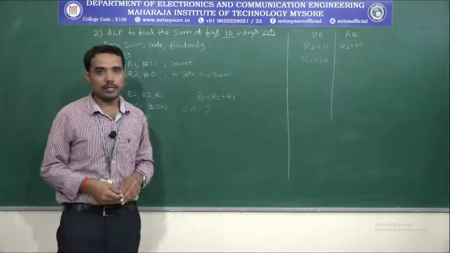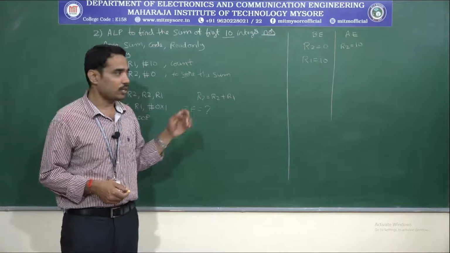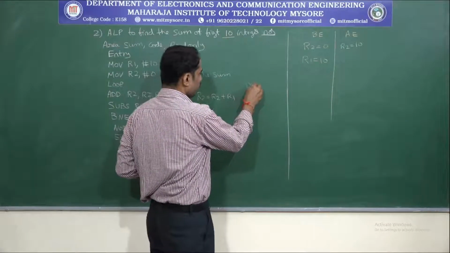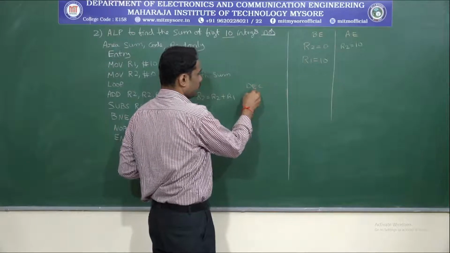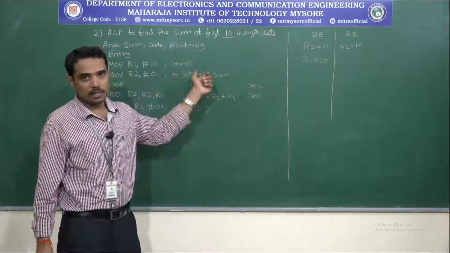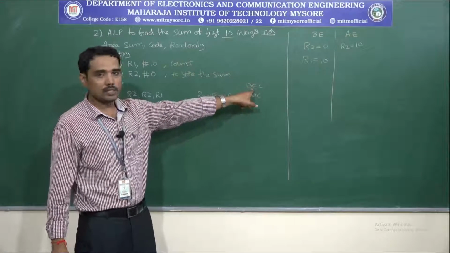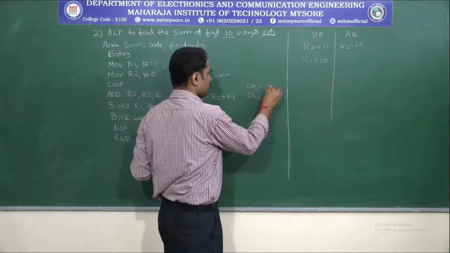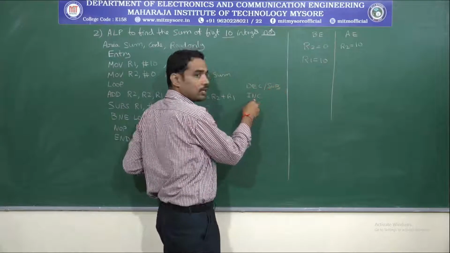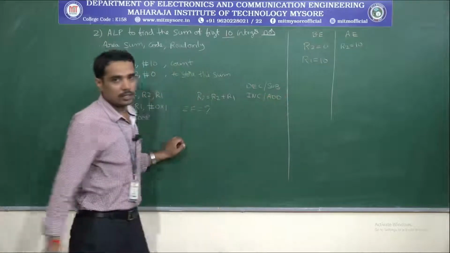As in case of 8085 or 8086, we don't have the decrement operation, that is DEC for decrement and INC for increment, in ARM processor. For that purpose, we have to replace DEC by SUB and INC by ADD, addition and subtraction.